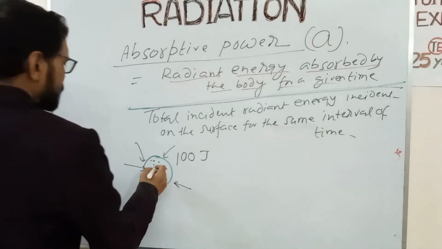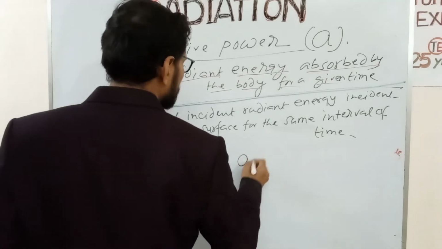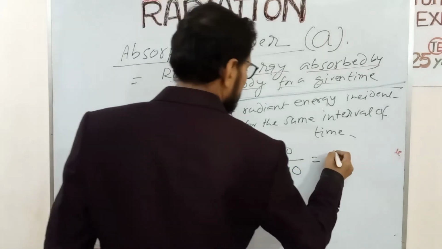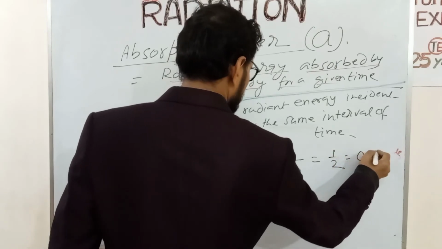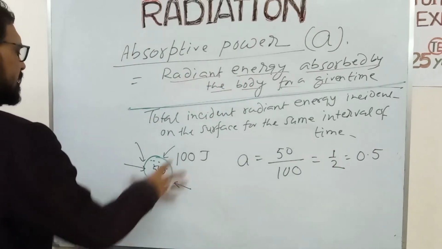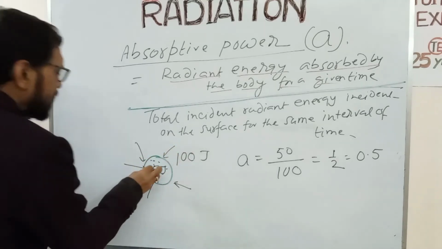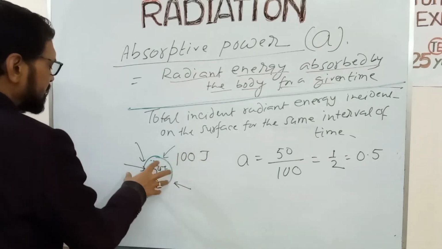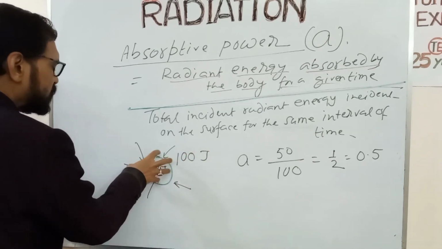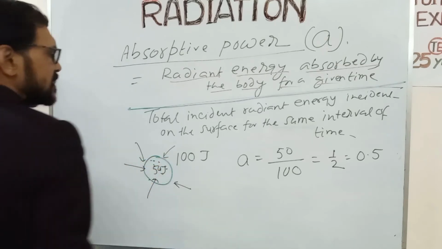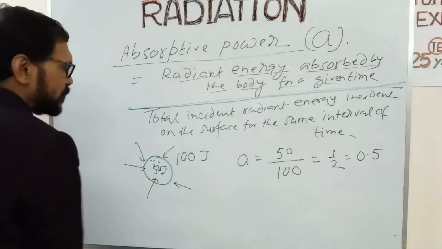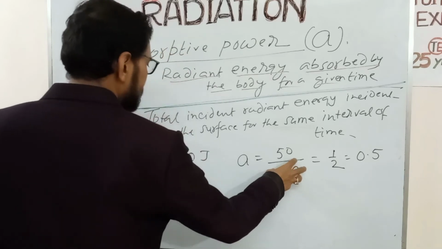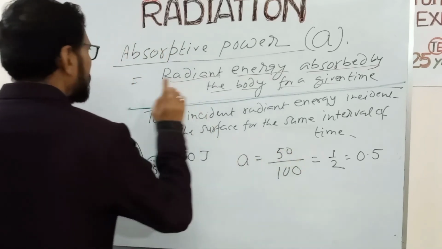Among this, 50 joule is absorbed, so the absorptive power will be 50 divided by 100, that is half. Some part is reflected, some is absorbed and some is transmitted. The absorbed part to the total incident energy is called the absorptive power.